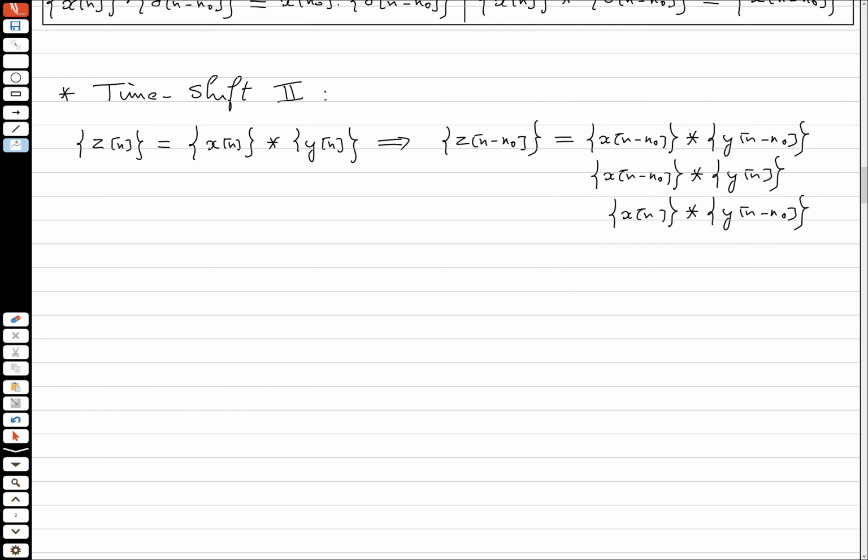How many of you vote that this one alone is true? Remember, being a minority in my class is good. How many of you vote this one alone is true? How many of you vote this one alone is true? How many of you vote that these two together are true?